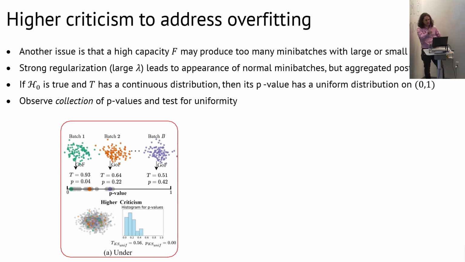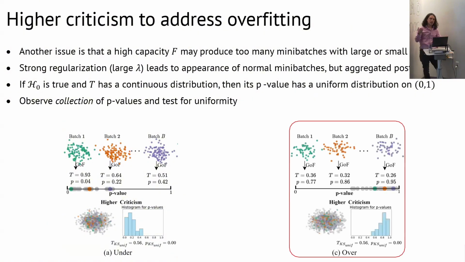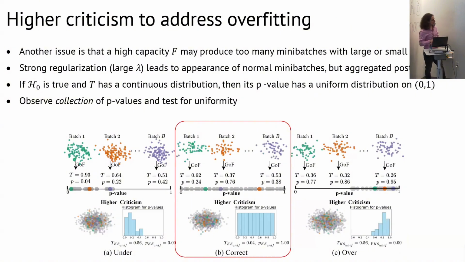The null is Gaussianity. So here we're rejecting the null too many times. Things do not look Gaussian enough. On the other end, if our lambda coefficient is too high, then we could be prioritizing Gaussianity too much. So things look suspiciously normal. What we want is this sort of Goldilocks zone where we do end up rejecting normality for some batches, but we have uniform p-values from 0 to 1.